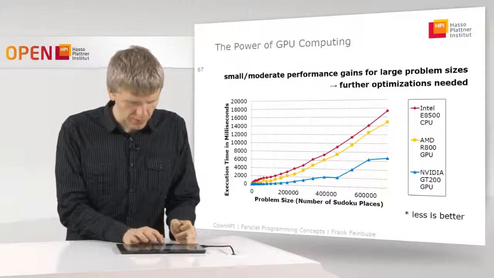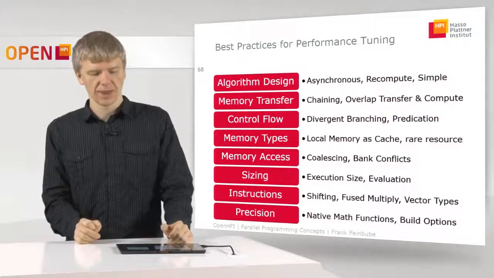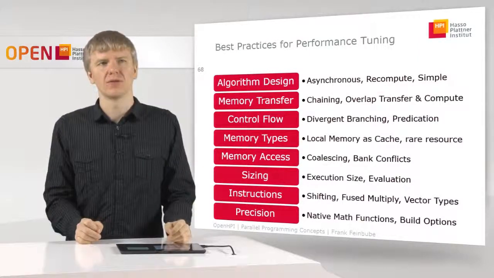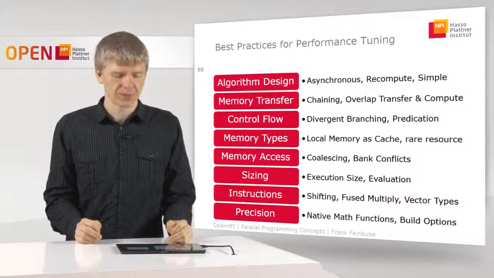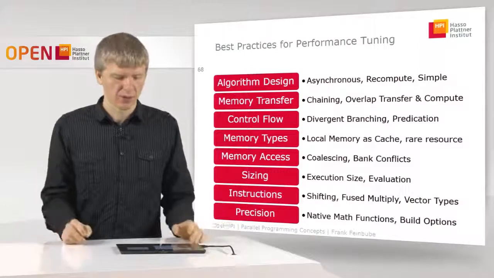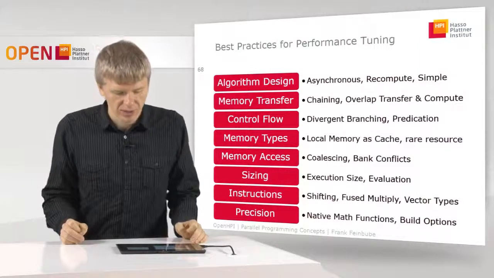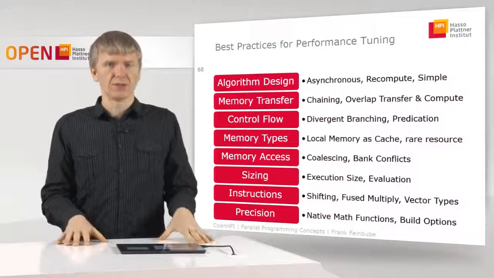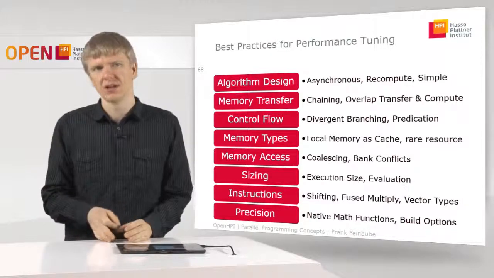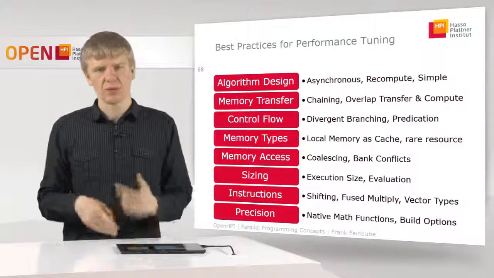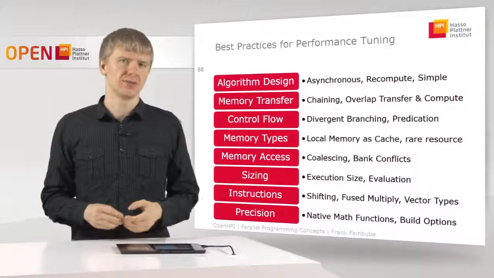So what are the optimizations that you can look at? This is a summary of the best practices for performance tuning for accelerators that we found. First of all, one fundamental difference with GPUs is that since the memory wall is coped with by memory latency hiding, another way of dealing with this would be recomputing stuff.